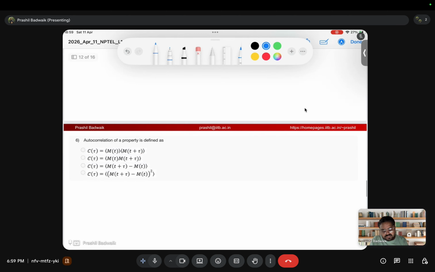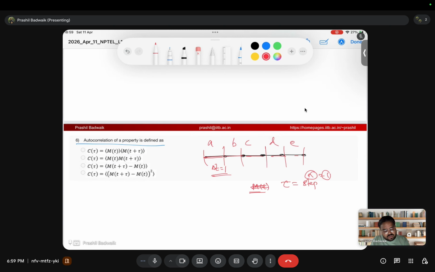Then the autocorrelation function, we have studied in the last class also. Any property is changing in each step. So we calculate the average property taking delta t equal to one step. In every step, how is m of t varying? Tau is the step, n step, n equal to 1. Right now we are taking every one step, so n step is 1. We'll calculate the average property here, some values a b c d e, and take the average of this.